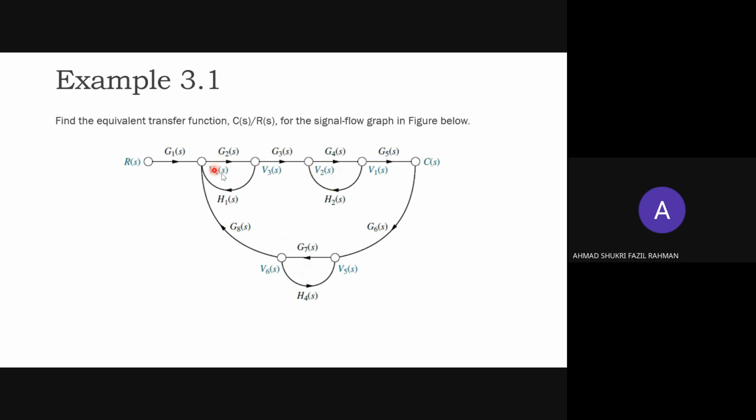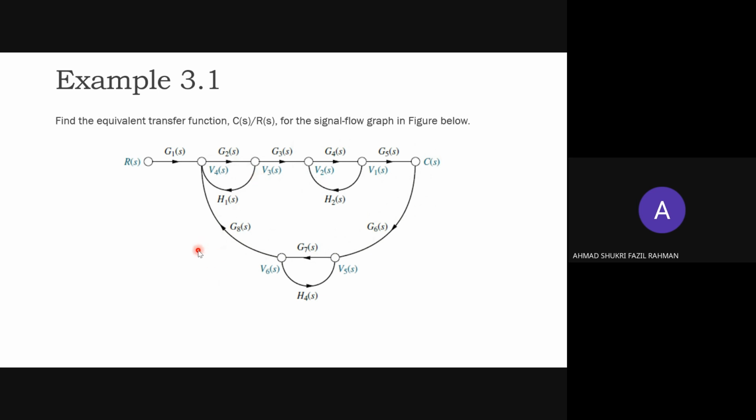Other than that, we cannot find more. Then we move on to find four non-touching loops. Based on this observation, we cannot see any four non-touching loops, only three. The fourth one is not available even though we have four loops, because the fourth one is sharing the same path or route.